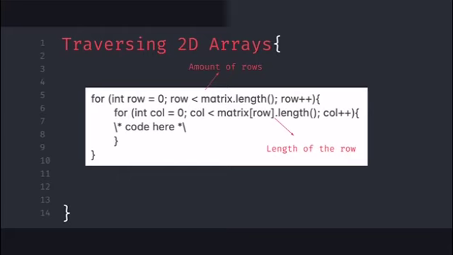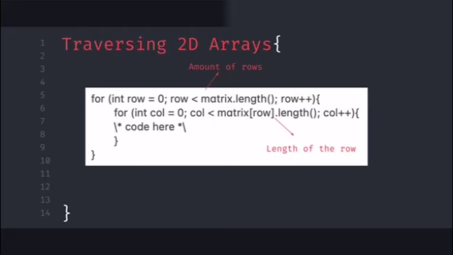In most examples, since different rows of 2D arrays will contain the same number of variables, normally you can replace row with 0 and it will not cause an error, since the for loop would check matrix[0].length, which means it will check the first row of the 2D array, get its length, so the number of elements in the first row, and use that as the limit for all rows.